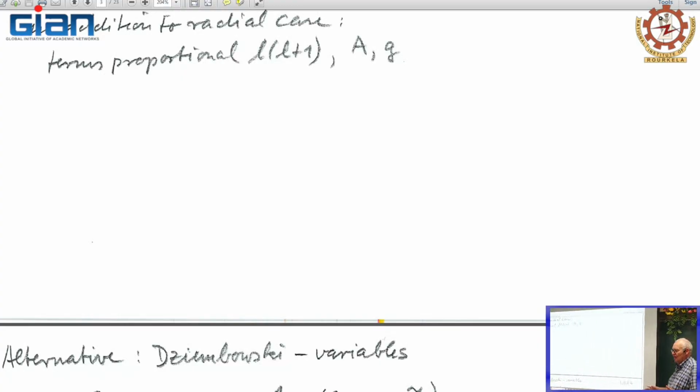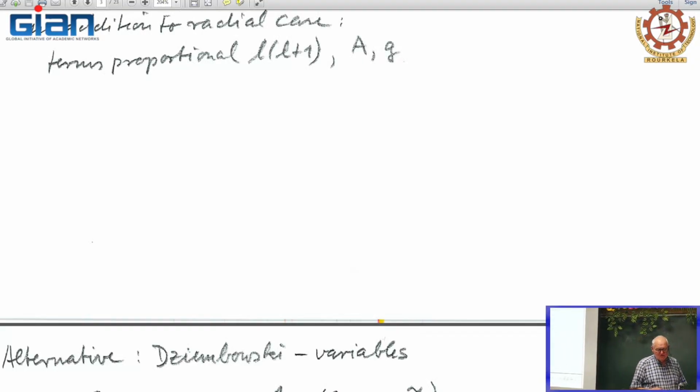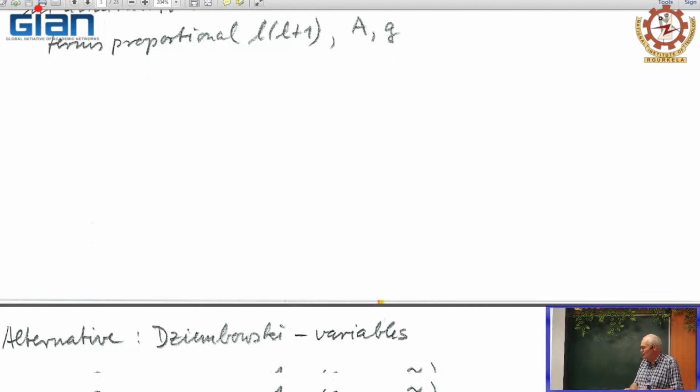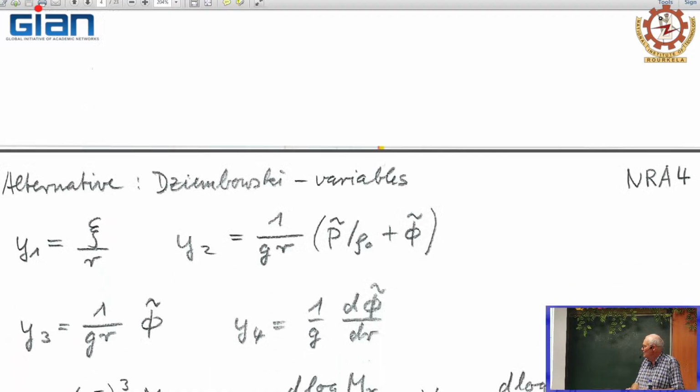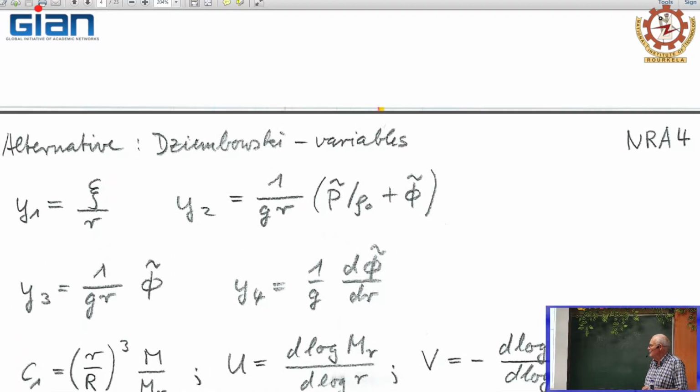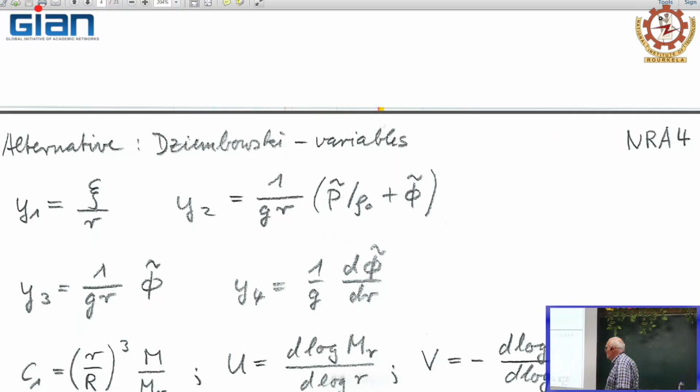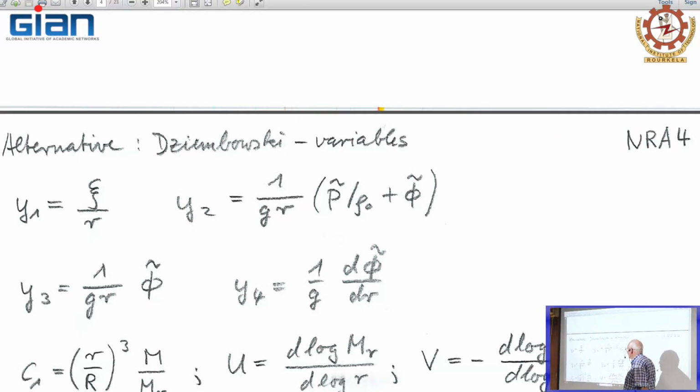It does not change anything. It's just another representation of this equation in terms of different dependent variables, which might be more convenient in certain circumstances. So Dziembowski has introduced 4 variables, y1 to y4.